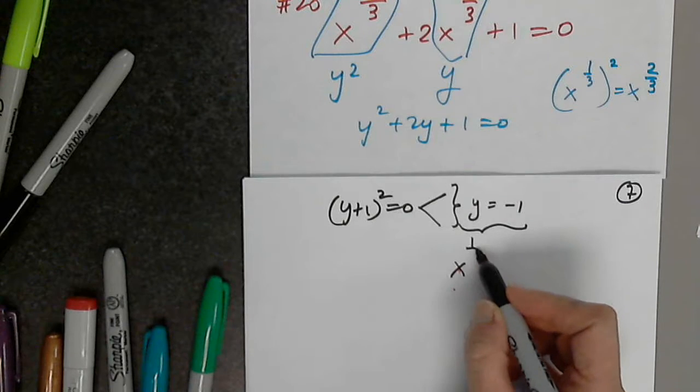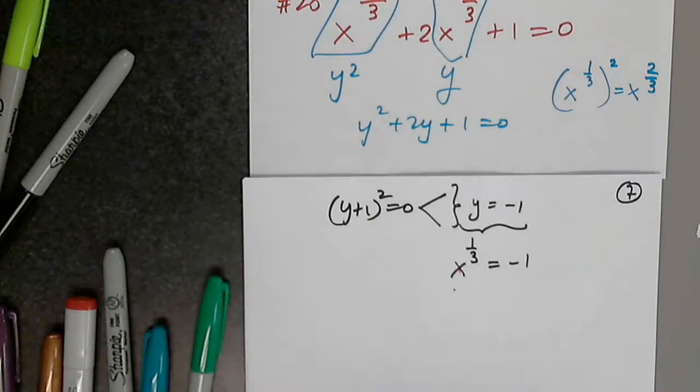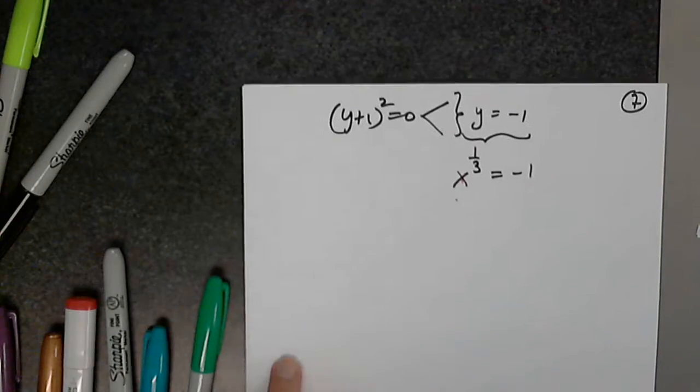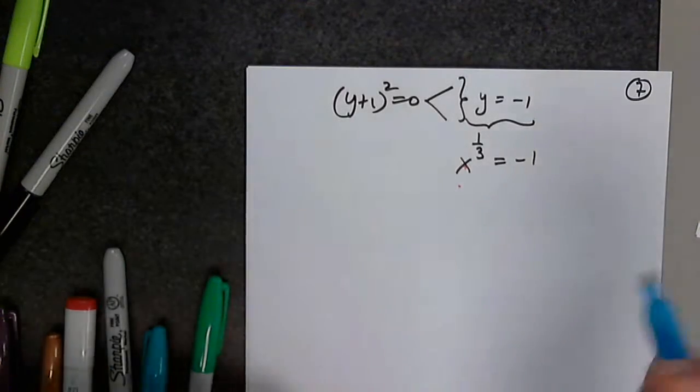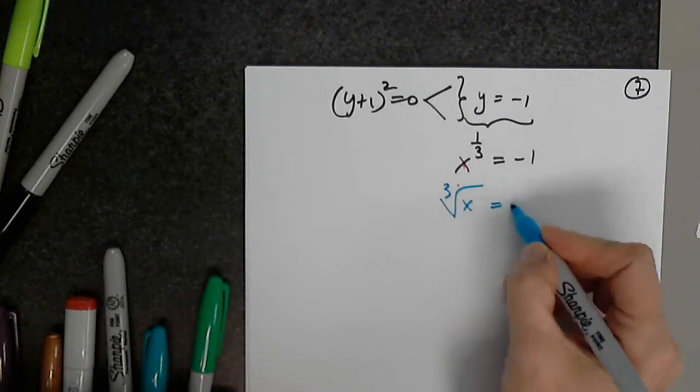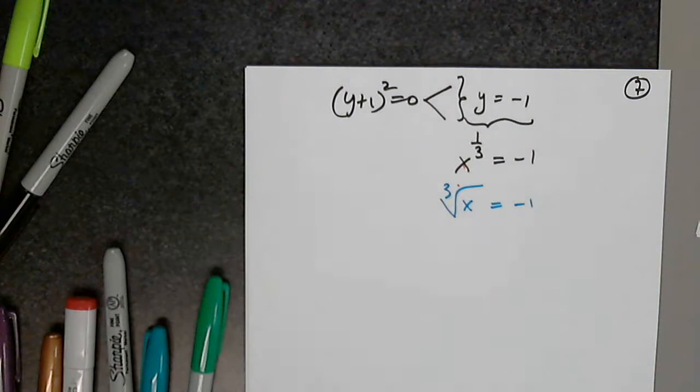X to the third equals negative 1. Excellent. So now I have to think back again and say, oh, x to 1/3 is, and write it. Good. What type of equation is this? Exactly. How do I solve it?